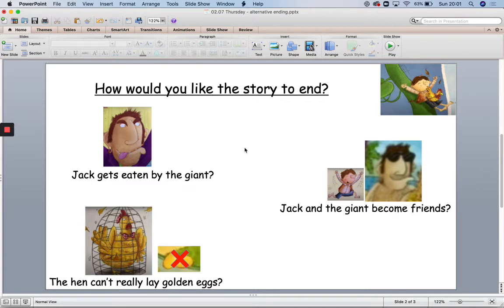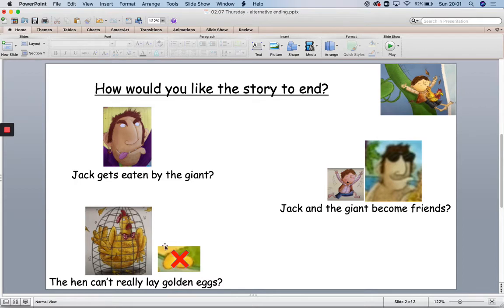I want to make it a bit different, and I wondered if you could help me. So how would you like the story to end? Instead of Jack stealing the hen and becoming rich with his mother at the end, what could have happened? Maybe the giant caught Jack and gobbled him up.